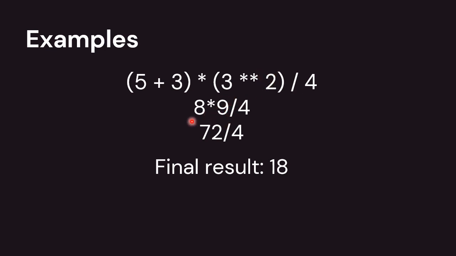So 8 into 9. Since multiplication and division have the same precedence, we'll be multiplying these two first. 8 into 9 gives 72, and this is divided by 4, and the final result is 80.